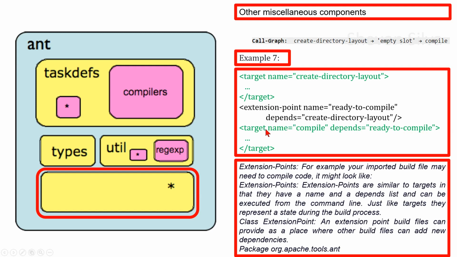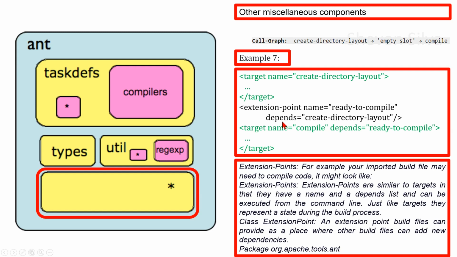Targets can add themselves to an extension point's depends list via their extensionOf attributes. The targets that add themselves will be added after the targets of the explicit depends attribute of the extension point. If multiple targets add themselves, their relative order is not defined.